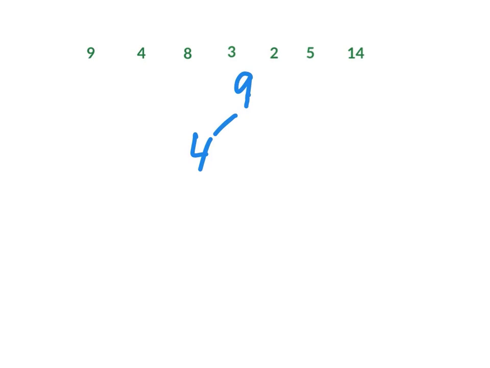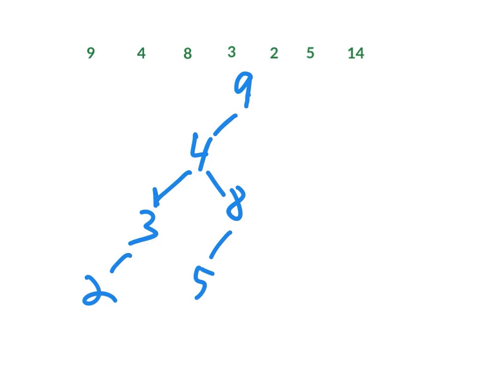There's a node there, 4. 8 is greater than 4, so we're going to go to the right. 3 is less than 9, and it's less than 4, so it'll go to the left of 4. 2 is less than 9, less than 4, less than 3, so it goes to the left of 3. 5 is less than 9, greater than 4, but less than 8, so it'll go to the left of 8. And 14 is greater than 9, so it'll go to the right.